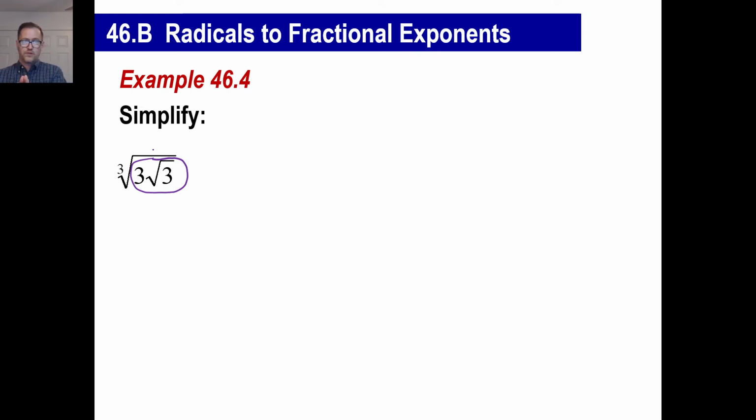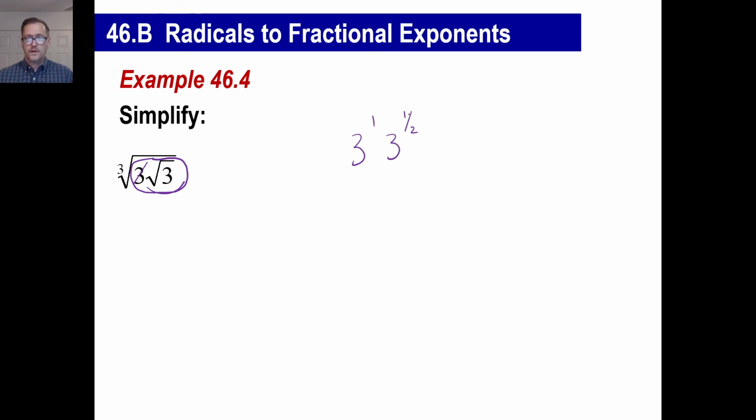Let's fix that first. Write both of those as a base and a power. So there's a 3 there with nothing, 3 to the 1st power, right? Done. With this here, the square root of 3, by definition, is 3 to the 1/2 power.